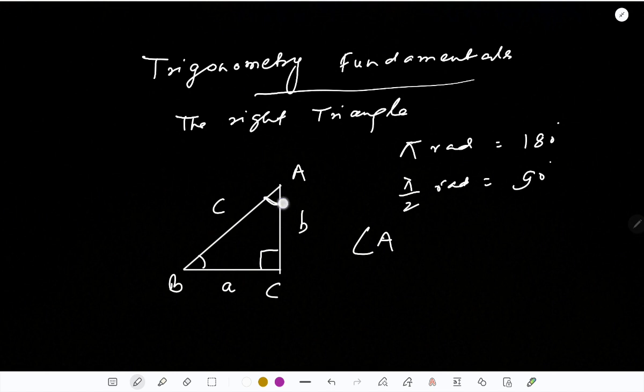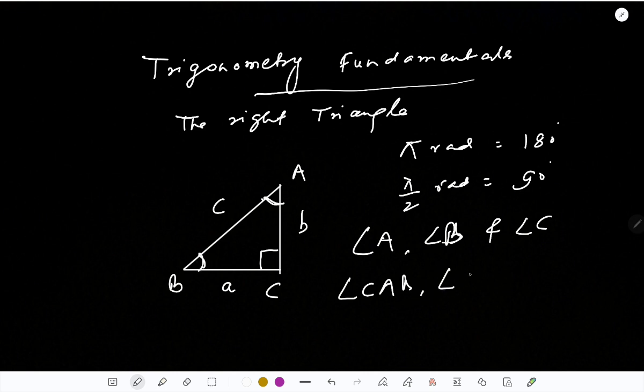Also the angles: A, that is here, angle B and angle C. If I write somewhere angle A, angle B and angle C, it is denoted by the angles. For example, angle A is angle CAB. This is the angle ABC.